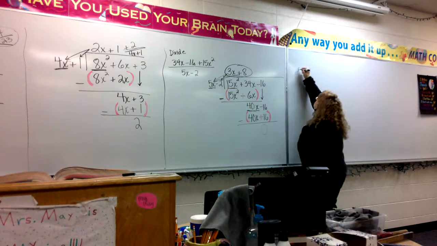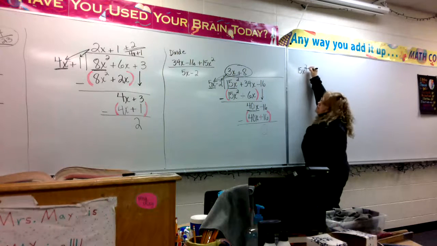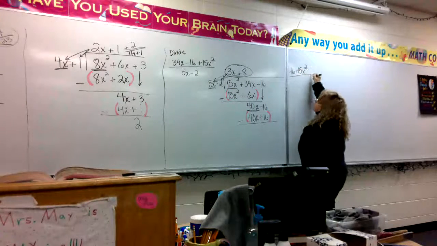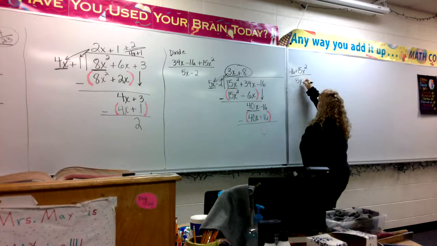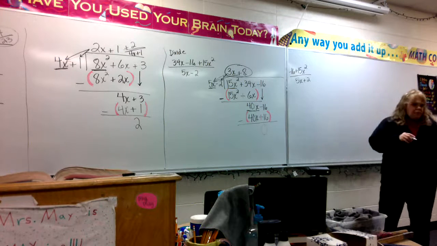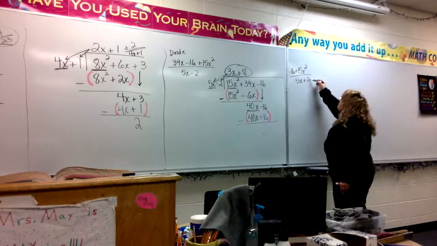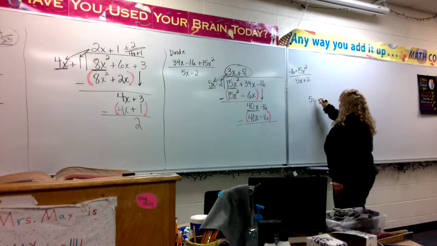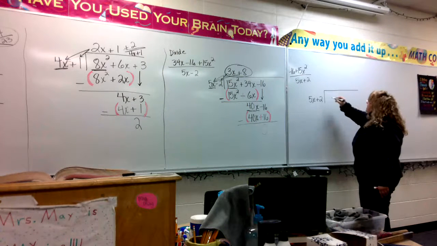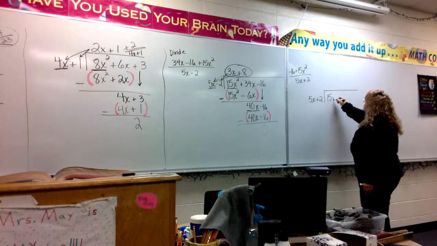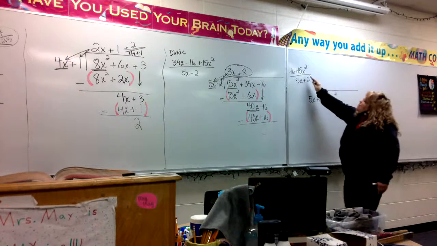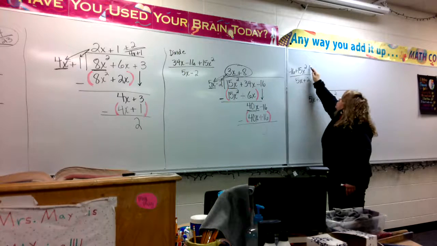And one other thing, please don't try to do this one because I'm just making it up. So if you were going to set this one up, this goes inside, this goes outside. So I have 5x plus 2, and inside I have to start with x to the second. How many x to the first do I have up here?